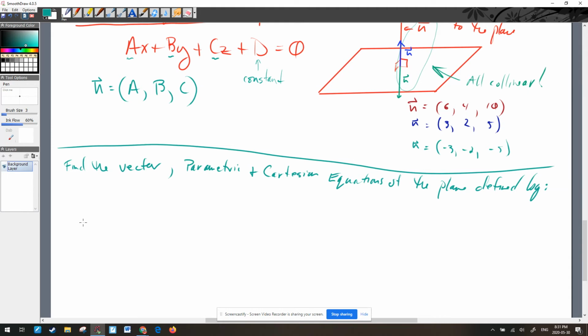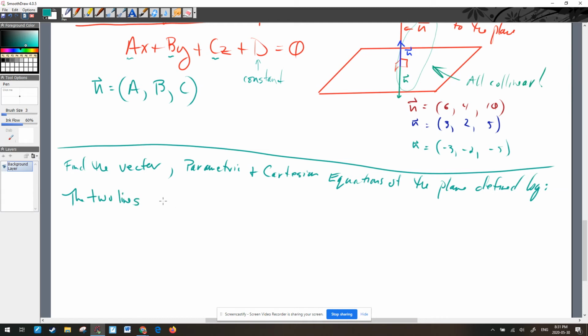The easiest one, stop and think. What do you suppose the easiest one is? Take a guess. The easiest one by a pretty fair margin is going to be two intersecting lines, okay? So defined by the two lines, now I'm going to make this one super easy.